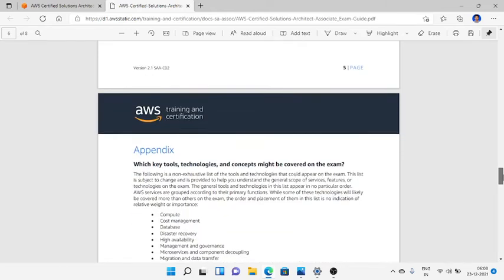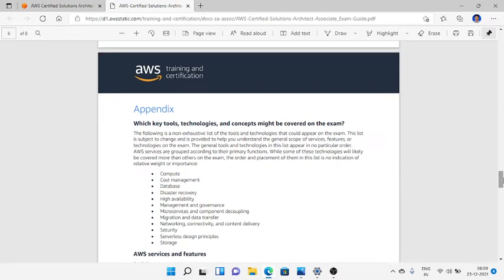Finally, you should check that these services are completed before going to write the exam: compute, cost management, database, disaster recovery, high availability, management and governance, microservices and component decoupling, migration and data transfer, networking, connectivity and content delivery, then security, serverless design and principles, and storage.